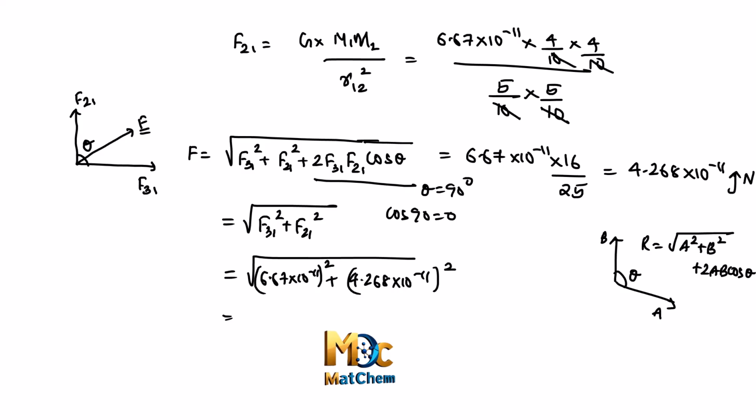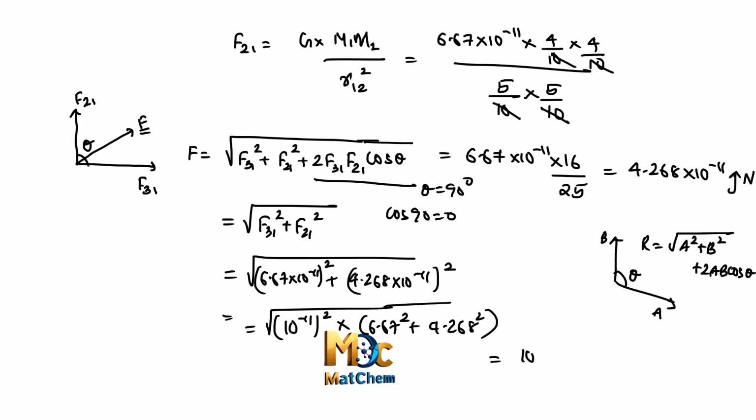You can take 10 raised to minus 11 the whole square outside. So you will be getting square root of 10 raised to minus 11 the whole square into 6.67 square plus 4.268 square.